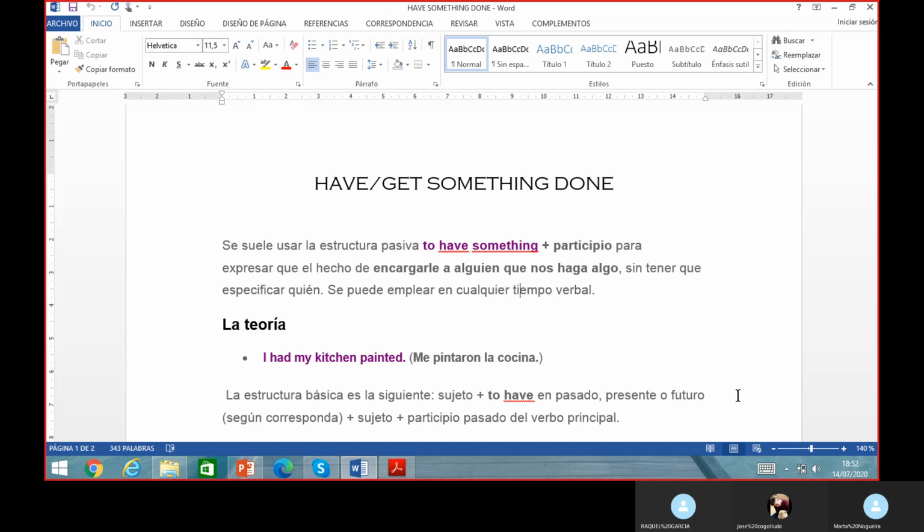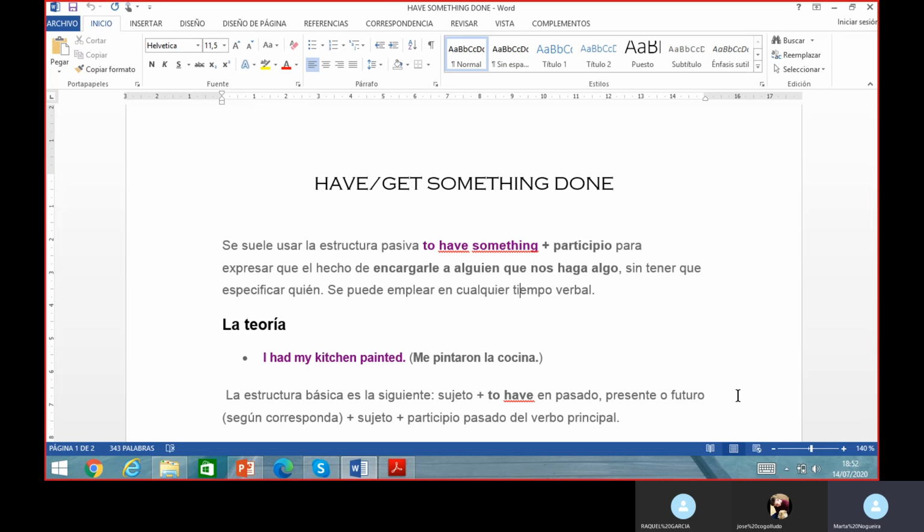So I repeat, today, something done, which is the causative. The following day, inversion. And the following weeks is reviewing everything with writings, speaking, and with more tests, which have been exams in the past.